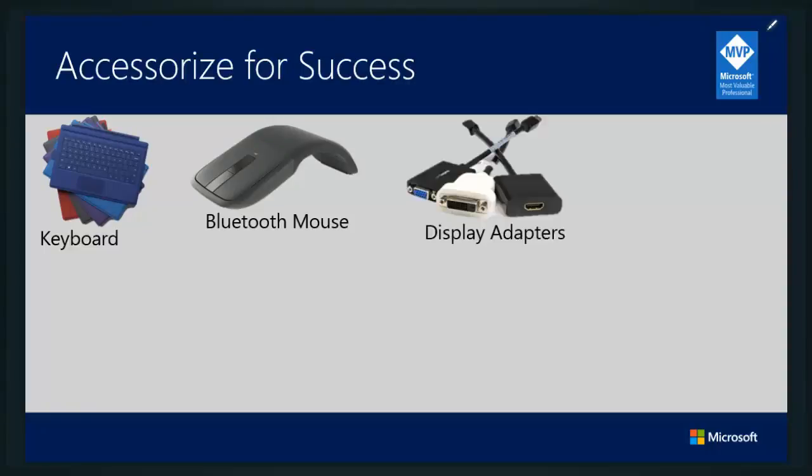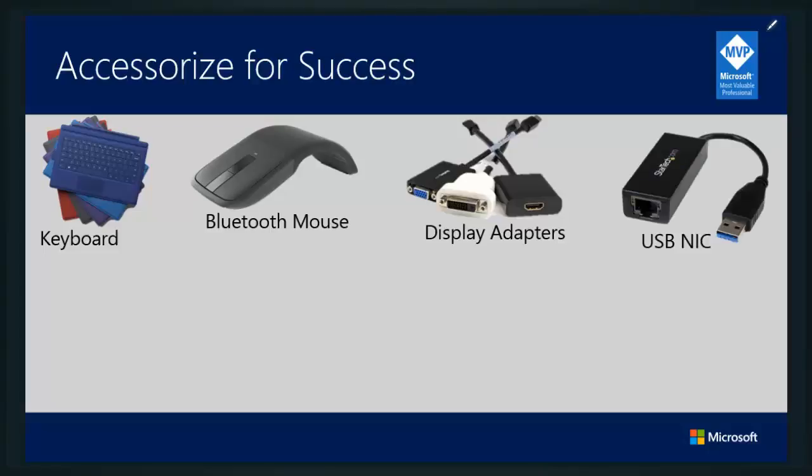Display adapters. As I mentioned, both the docking station and the Surface Pro themselves have a mini DisplayPort output. So if you're going to other types of displays, monitors, etc., you may need some display adapters. So based on what your standard is in your organization or what you expect your users to encounter in their use case scenarios, please provide them with the proper equipment.